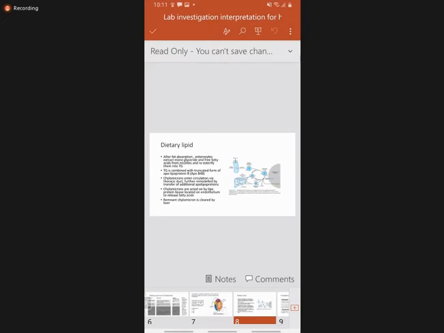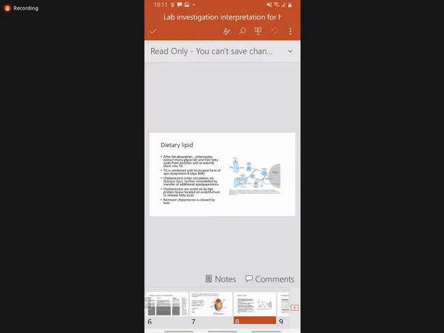Now these apolipoprotein B48 chylomicrons enter into the circulation via the thoracic duct, because we all know they are present in the lymphatic system. Further, they are remodeled by the transfer of additional apolipoprotein. Now the chylomicrons are acted on by lipoprotein lipase that is located on the endothelium to release fatty acids, and the remnant chylomicron is cleared by the liver.